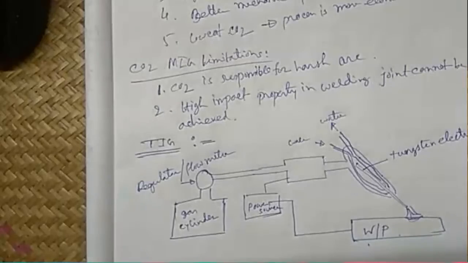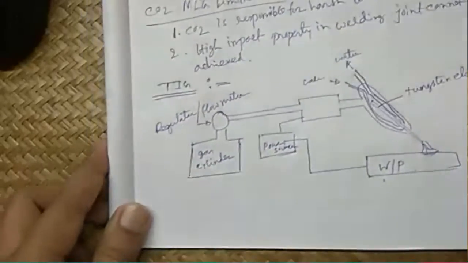So cool water goes in and cools the welding gun and the electrode, and then the hot water comes out, goes to a cooling tower or river or some other place, then cools down, and fresh cool water comes in with the inlet. So this is the basic working principle.